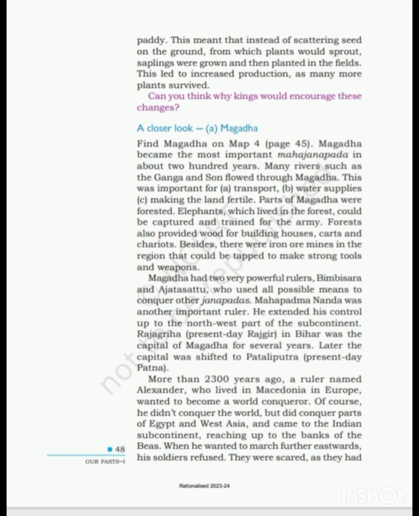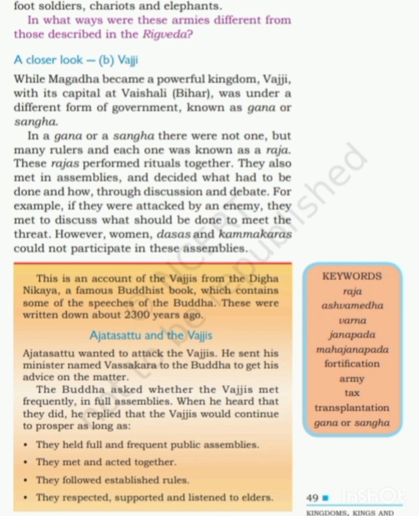Besides these, there were iron ore mines in the Magadha region that could be tapped to make strong tools and weapons. Talking about Magadha, we can't forget the names of two most powerful rulers, Bimbisara and Ajatasatru, who used all possible means to conquer other Janpads.